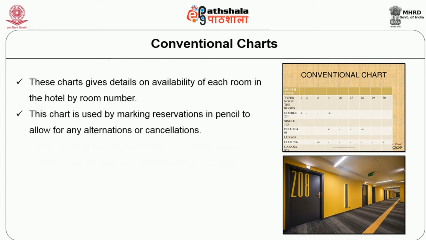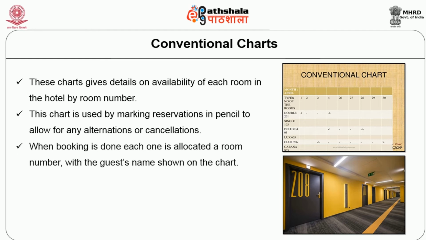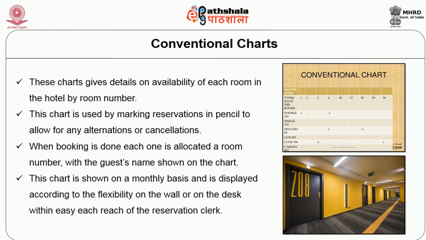This chart is used by marking reservations in pencil to allow for any alterations or cancellations. When a booking is done, each one is allocated a room number with the guest name shown on the chart. This chart is shown on a monthly basis and is displayed on the wall or on the desk within easy reach of the reservation clerk.